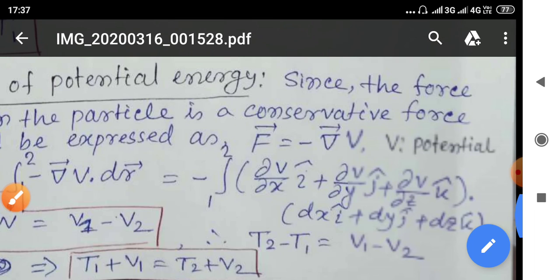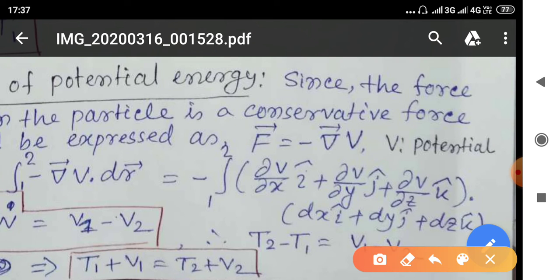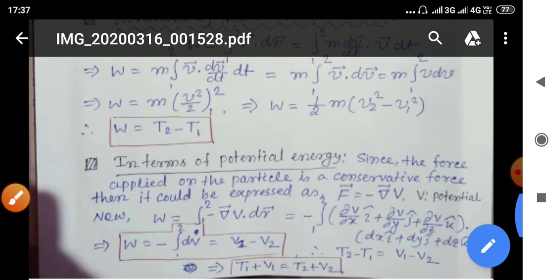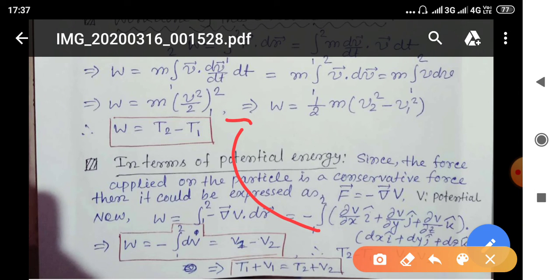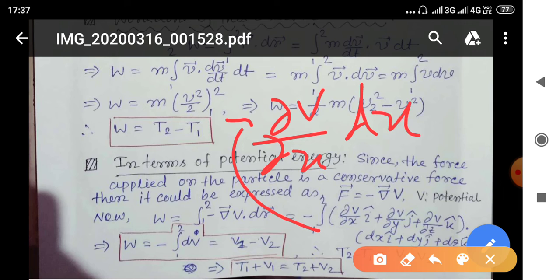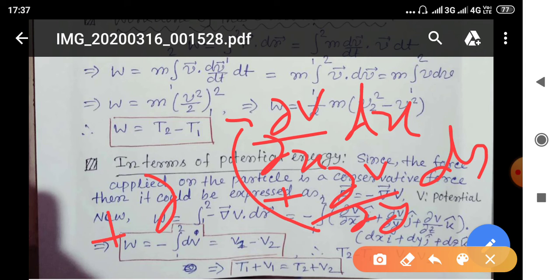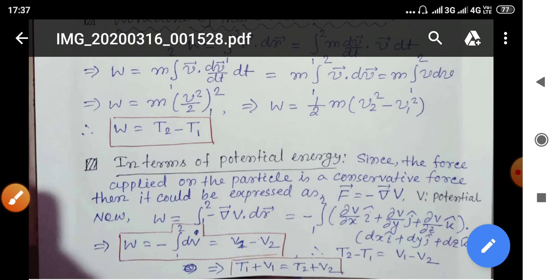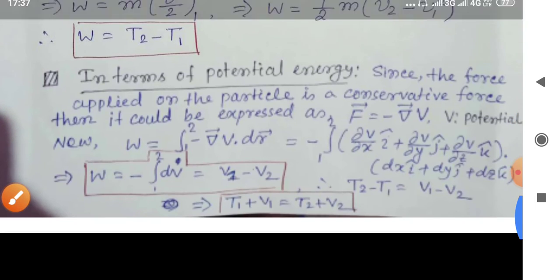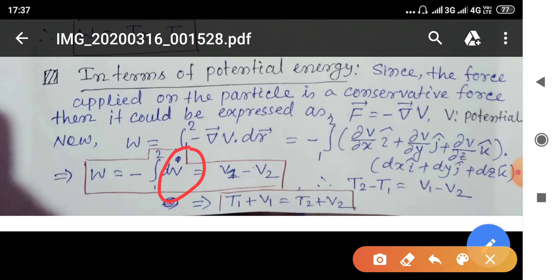And if we do the dot product, it gives you del V/del x dx plus del V/del y dy plus del V/del z dz. That means the integrand becomes dV only.